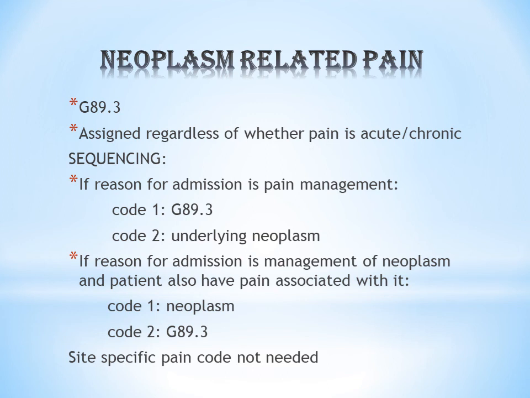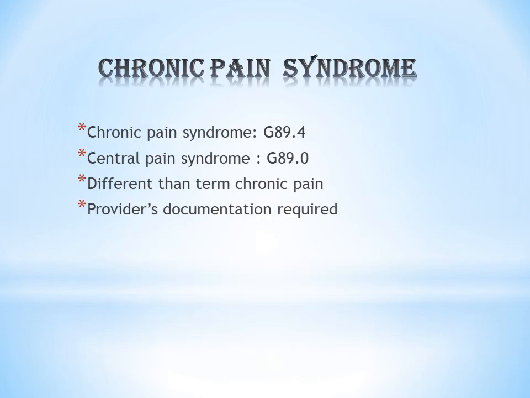Then, as the patient comes for management of the neoplasm, first code the underlying neoplasm, secondly code G89.3, the neoplasm related pain code. Here a site specific pain code is also not needed. For neoplasm related pain, acute or chronic is not considered, and a site specific pain code is also not needed.